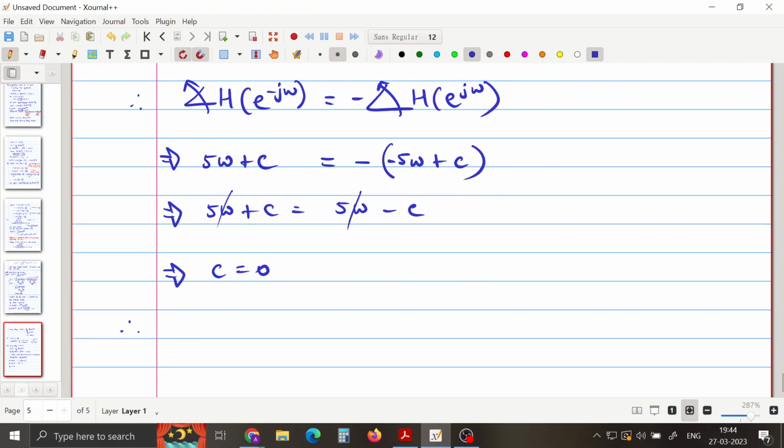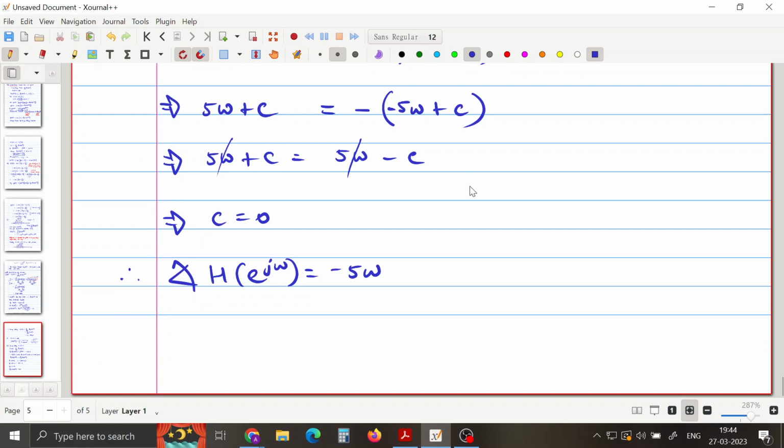So therefore you now have the phase information as well, which is minus 5 omega. Okay. So now all we need to do is again take the IDTFT. In the previous live sessions we have actually computed the IDTFT step by step, but now what we will do is we will use the known formula.